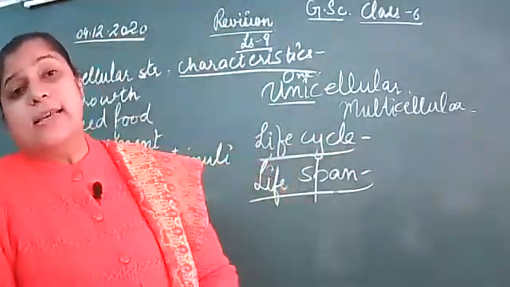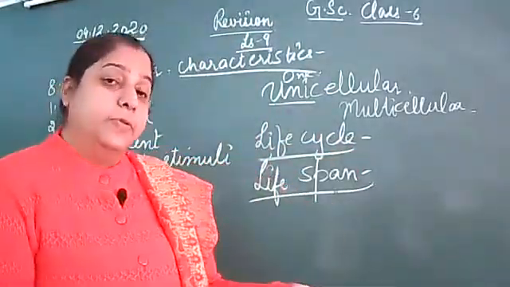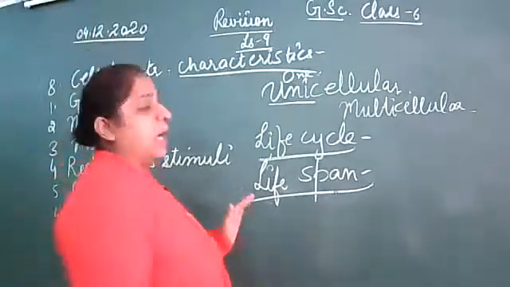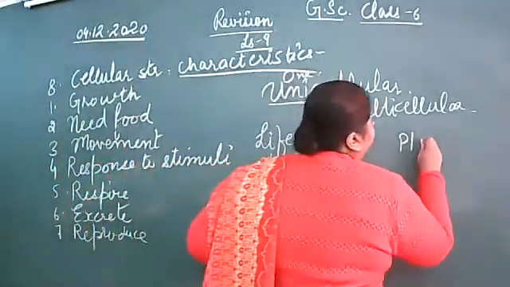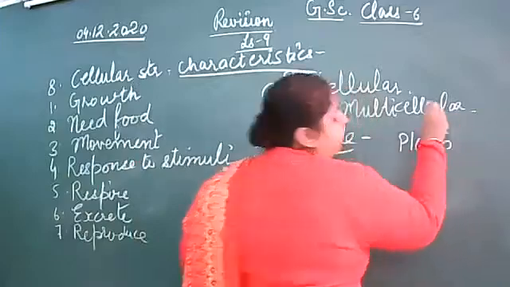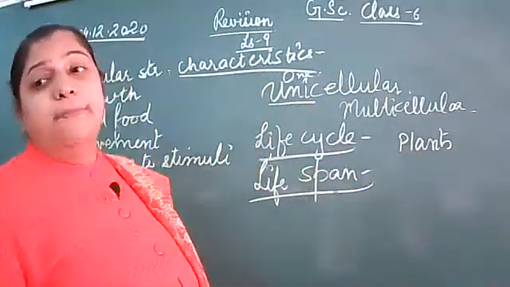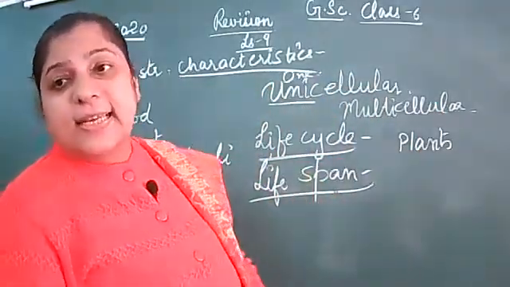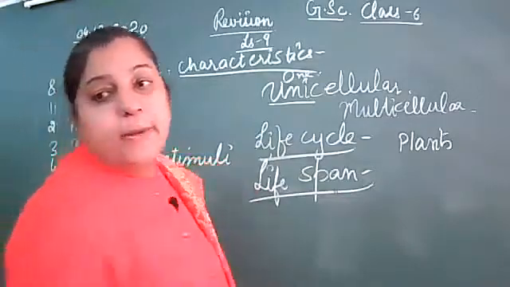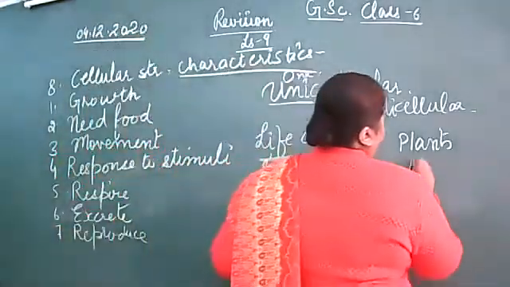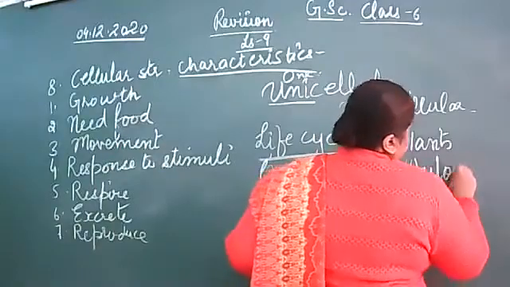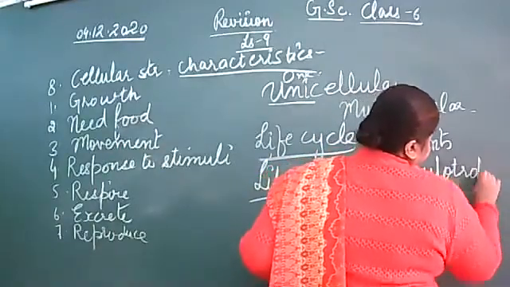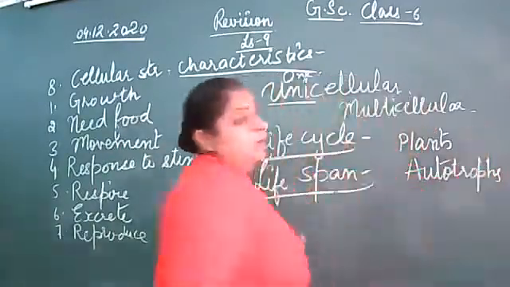Now the question arises, from where do they get food? Bache, plants, they make their own food by the process of photosynthesis, green plants. Due to this characteristic of green plants, they are known as autotrophs. What do we call them? Autotrophs.